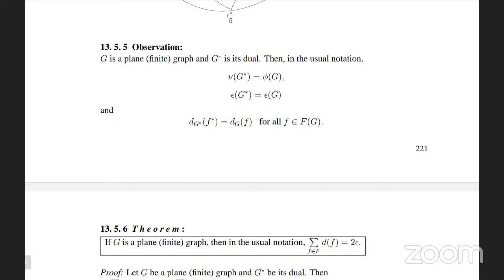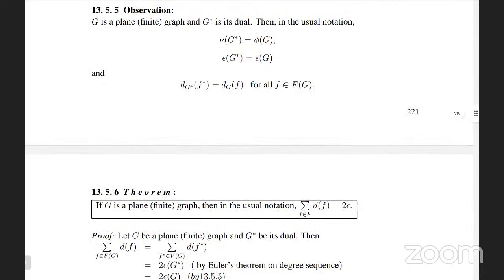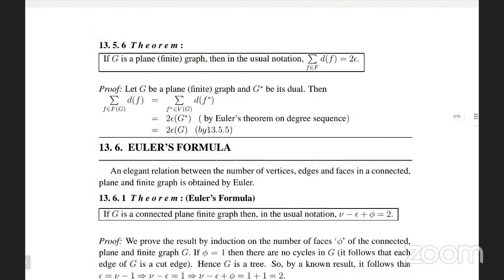And the degree of F star is equal to the degree of F also. So the degree of the F star in the dual graph is equal to the degree of F only, for all F belonging to the faces of G. Those are the observations we can see in the graph G and its dual G star. These are the notations for the vertices as well as the edges.